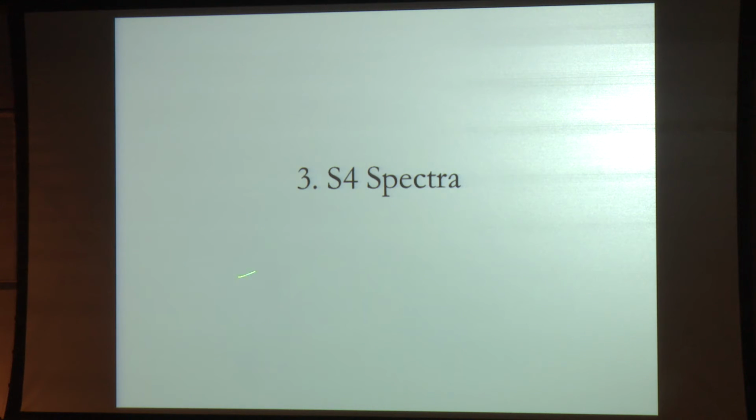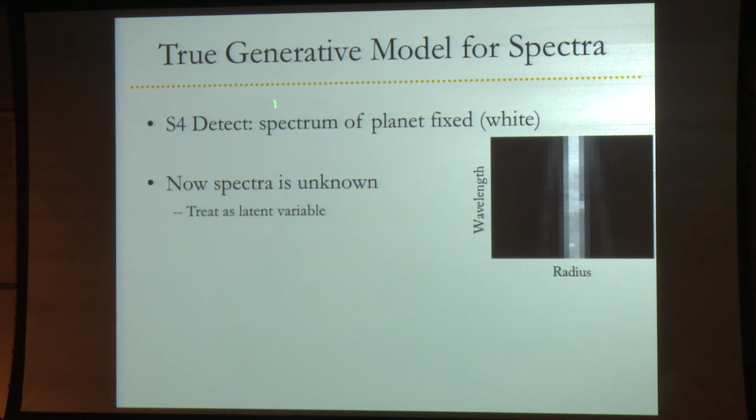So what I'm going to talk about now is a generative model. It gives you an example of the kinds of things you can do with generative modeling, which are very useful in science, where you do want to understand what's going on. In the previous version, we had essentially a fixed companion template, which we assumed had a white spectra, or a spectra that matched the companion star, or something like that. Now, in this approach, which goes beyond a simple PCA model, we treat the spectra as an unknown variable that we're going to estimate along with the speckle basis and things like that.